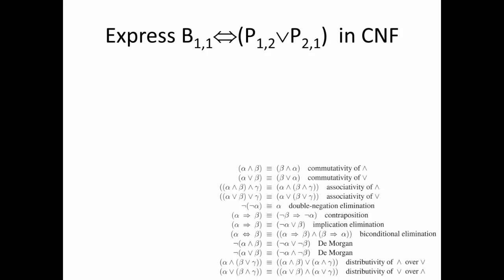So let's do a quick exercise. How do you express B11 if and only if P12 or P21 in conjunctive normal form? And to the bottom right, we have some rules or equivalences that you can make use of.